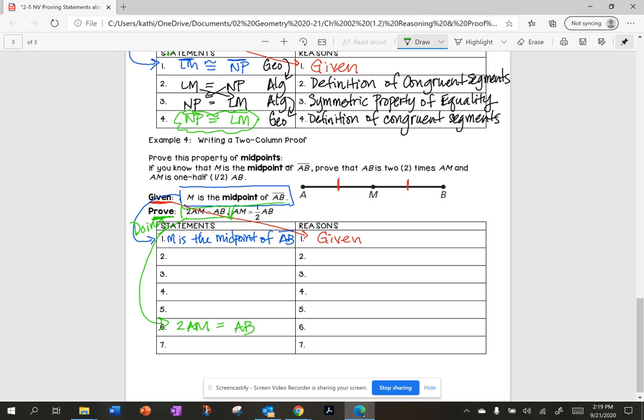And I'm trying to prove that AM is half of AB. So I put one statement per line. I never use the word prove as a reason. That is what I'm doing. All right, so let's start filling these in.